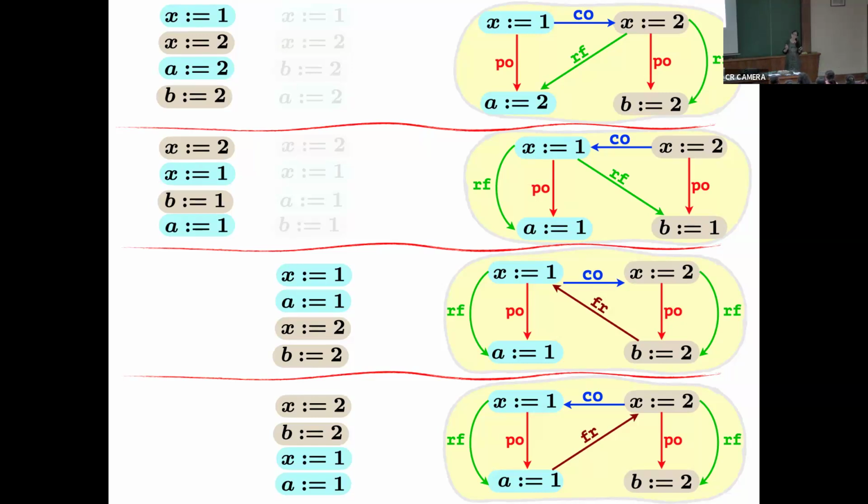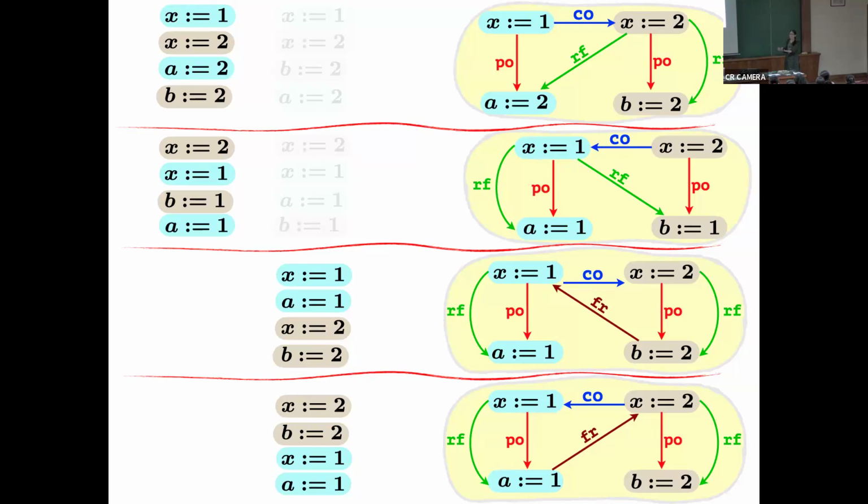For sequential consistency, I cannot do that. I cannot drop the CO edge. I have to keep all three. But for the weaker models, especially for RA, I can actually drop the CO edge. I can just work with graphs which have the same PO and RF, which means a whole bunch of executions can be put into one trace with a certain PO RF edge.